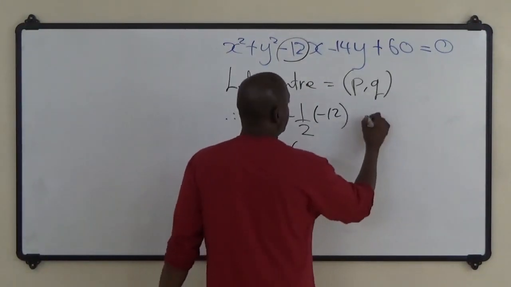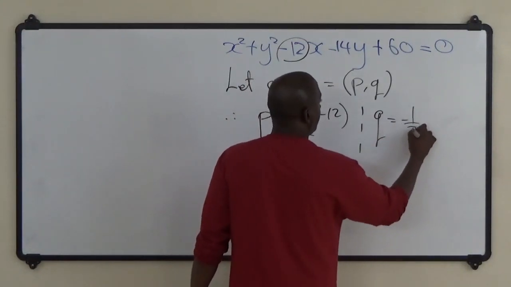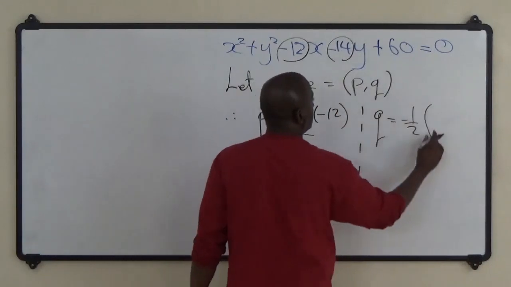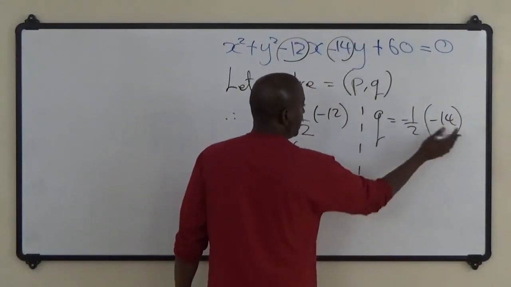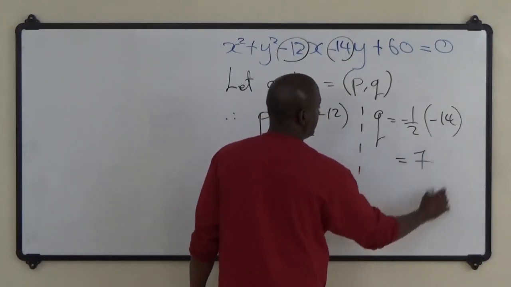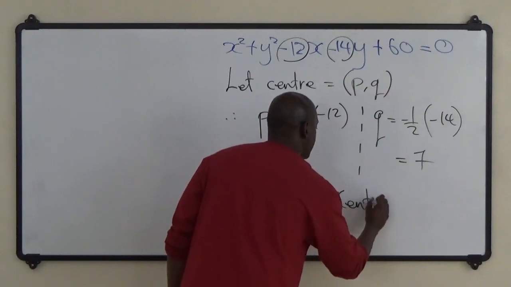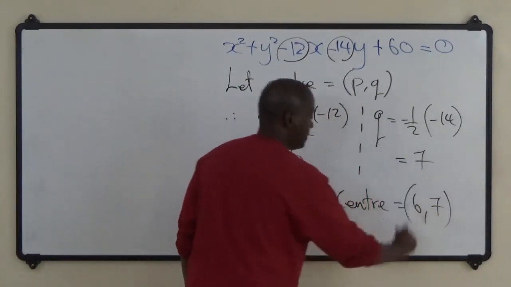And we know that Q is equal to minus a half by whatever the coefficient of y is, which is minus 14. Minus half by minus 14 is, guess how much? 7. So therefore, the center is equal to 6, 7.